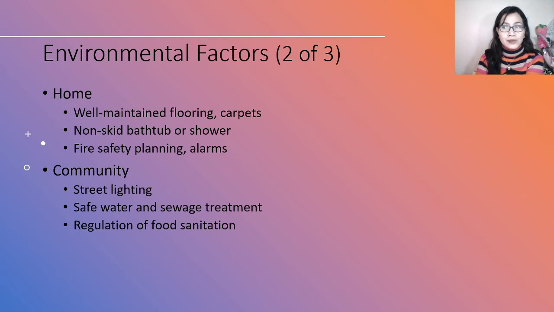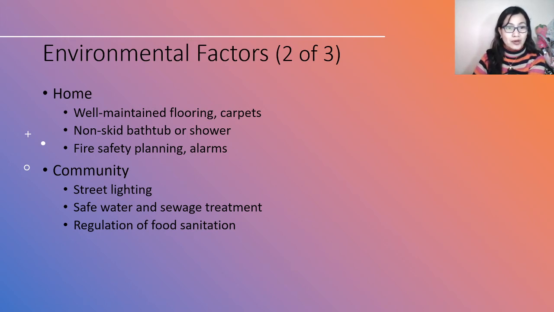If you conduct a home visit, you will be checking several factors that are critical to the client's safety. Check if the flooring is well maintained, if there are non-skid bathtub mats in the shower, and safety planning. Are there any alarms?